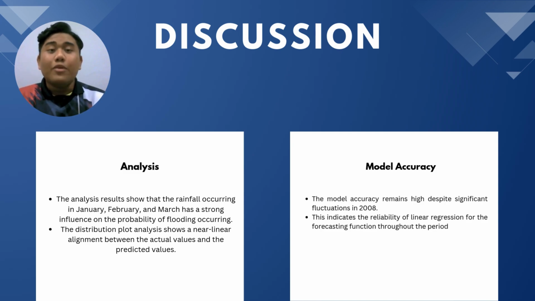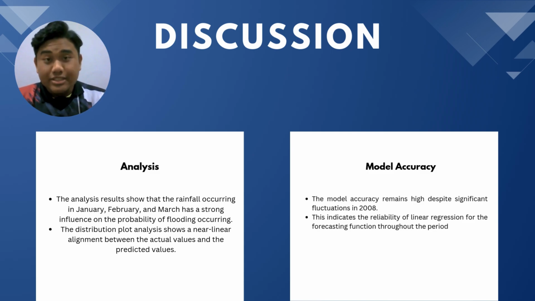I will talk about our discussion. For this project, we discuss how the linear regression model works as the best tool. For the analysis, the result shows that January, February, and March rainfall has a strong influence on the probability of the flood that happened.